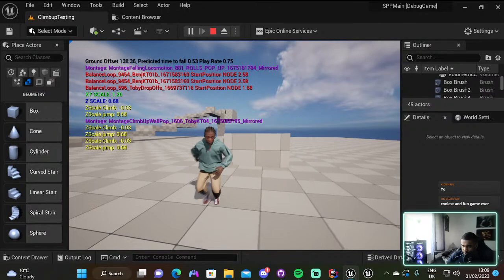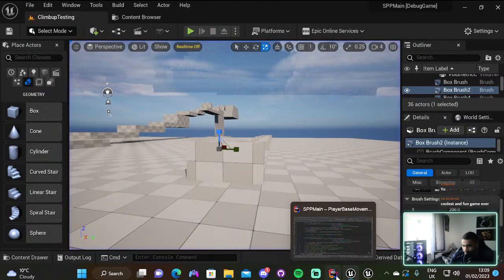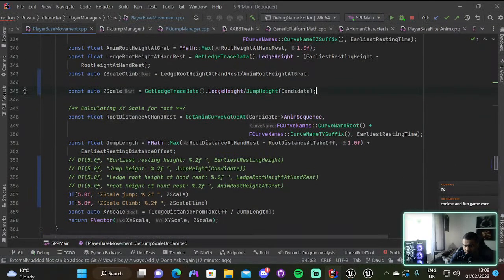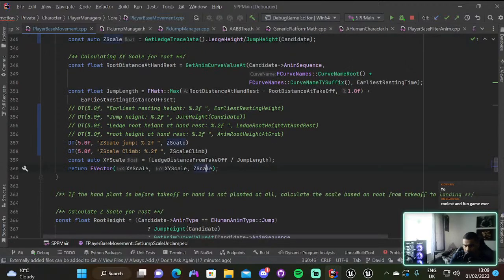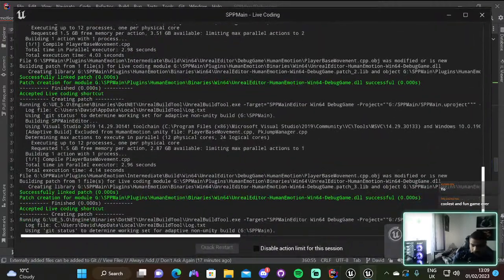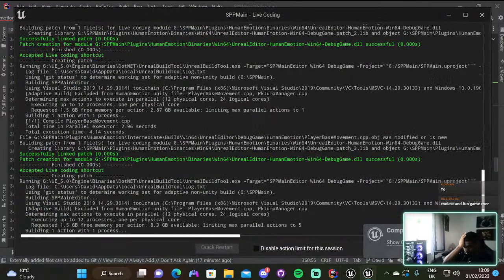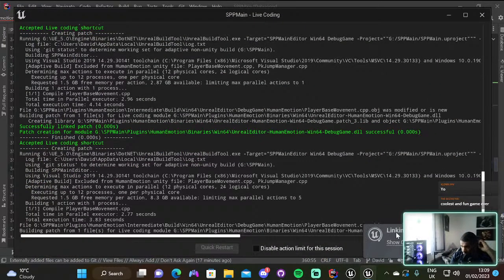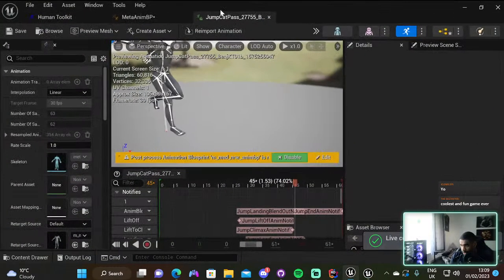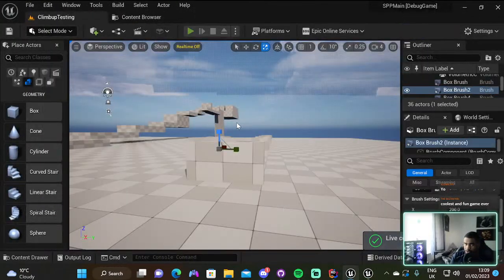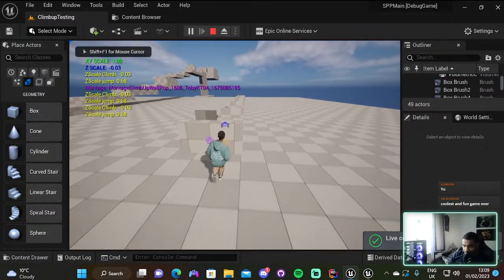Whereas the climb one, if we change this around here, I think it's negative because the offset from the root to the thing is greater than that.